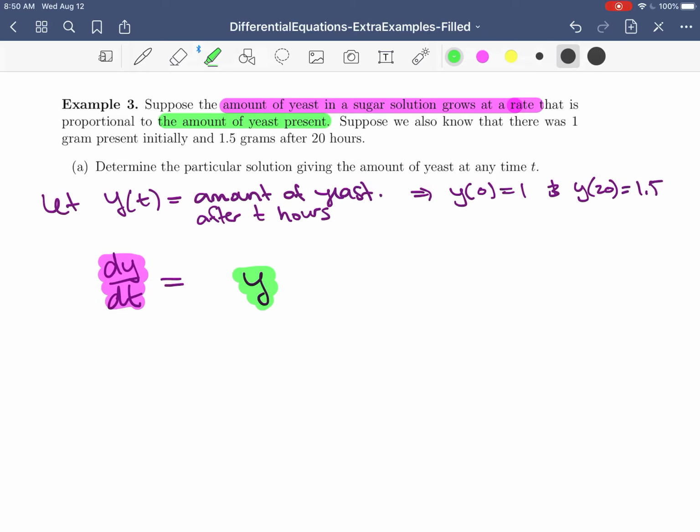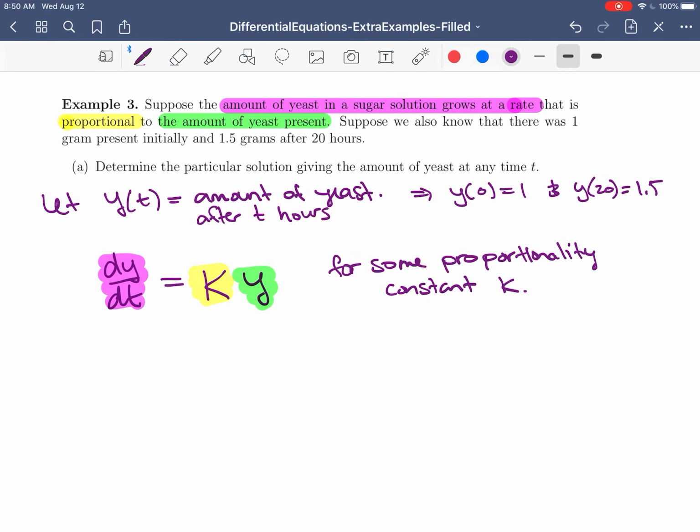Okay, and then the proportional bit. Okay, so this word proportional means that one of them is a multiple of the other. So I'm just going to call that for some constant k. So this is a proportionality constant. Okay, so it's just some number. So that's our differential equation.